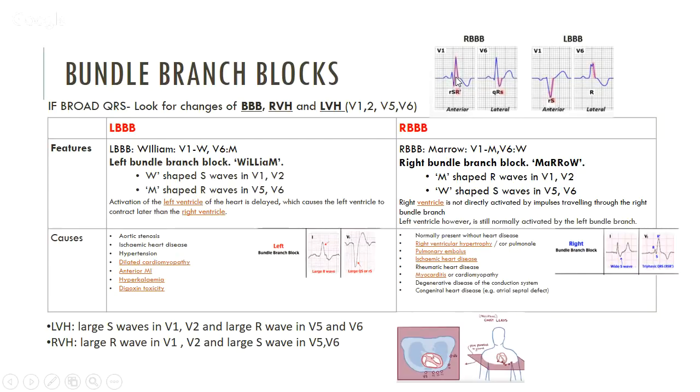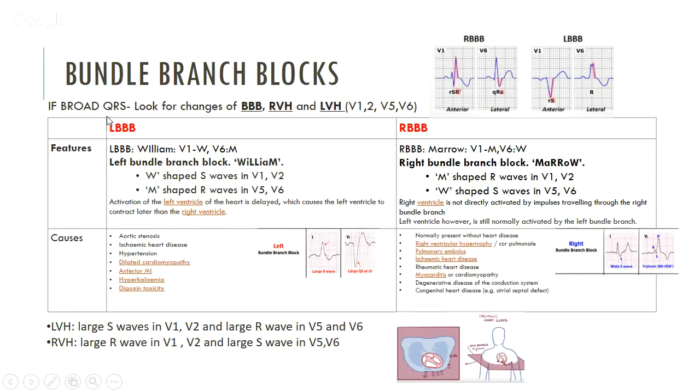So you know right bundle branch block is going there slower. And it has this RSR because normally the right and left ventricles contract together, the current goes at the same time. But when there's a bundle branch block, the left side goes before the right side. So that gives us RSR.